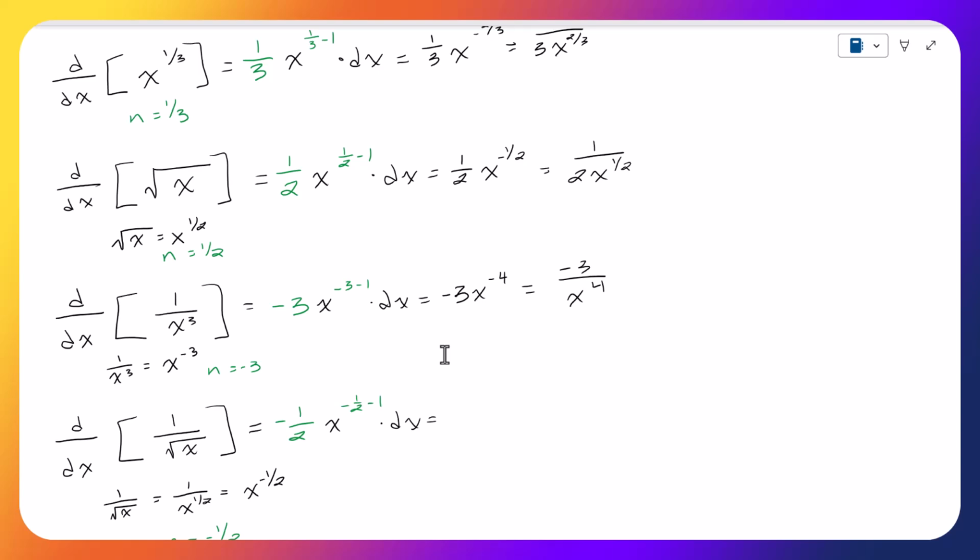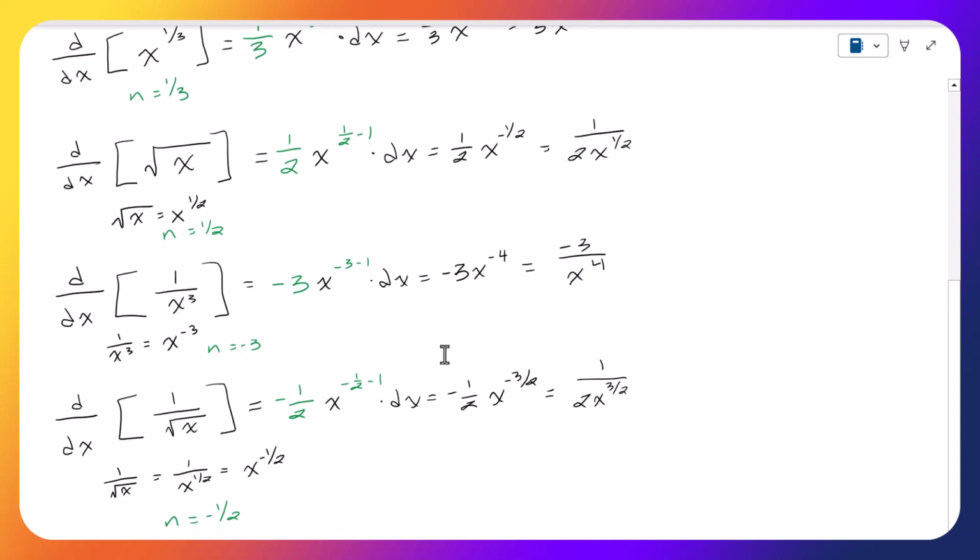That gives us -1/2 x to the -3/2, and dx is just 1. Make our exponent positive, 1 over 2 x to the 3/2. And there's the power rule.